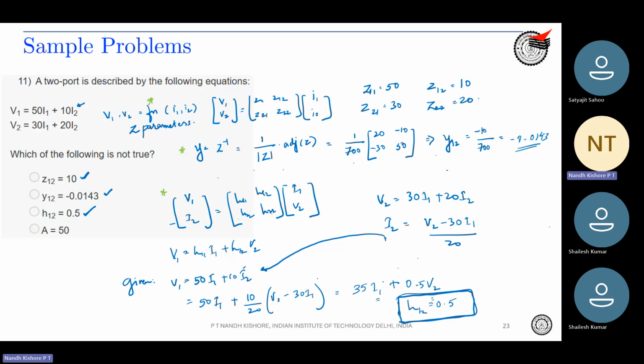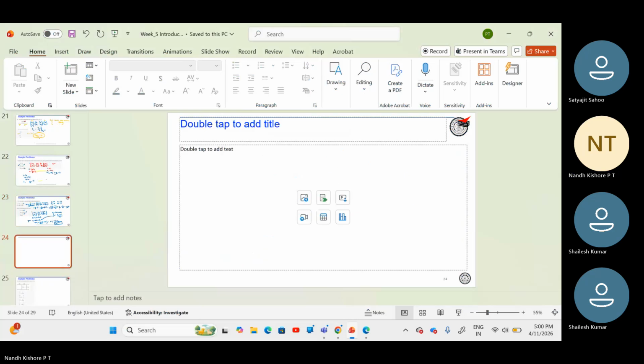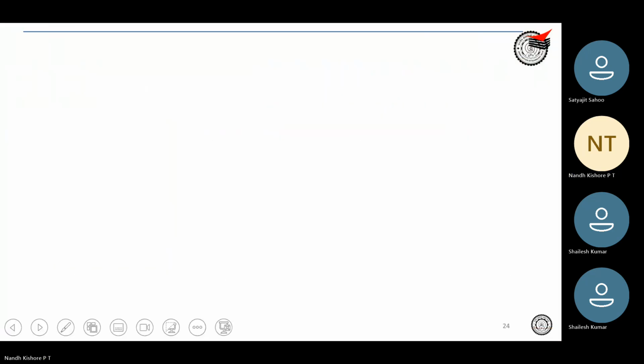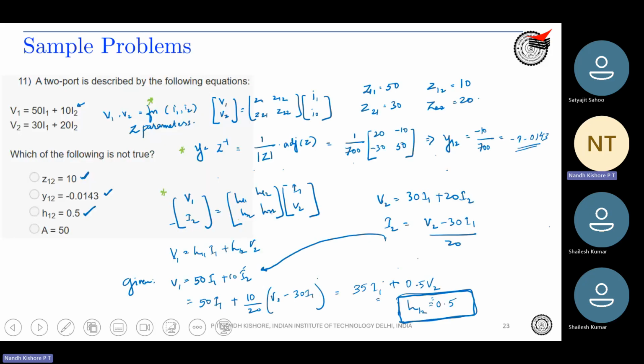And finally, we will just check. We obviously know that A is not correct, but we will just check. So I will take a new slide. They have given A parameter, A is equal to 50, right? So what is A?